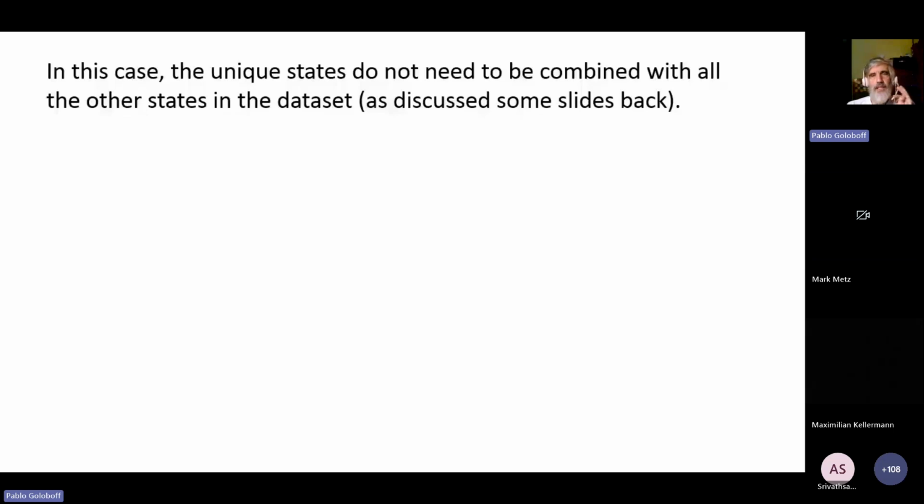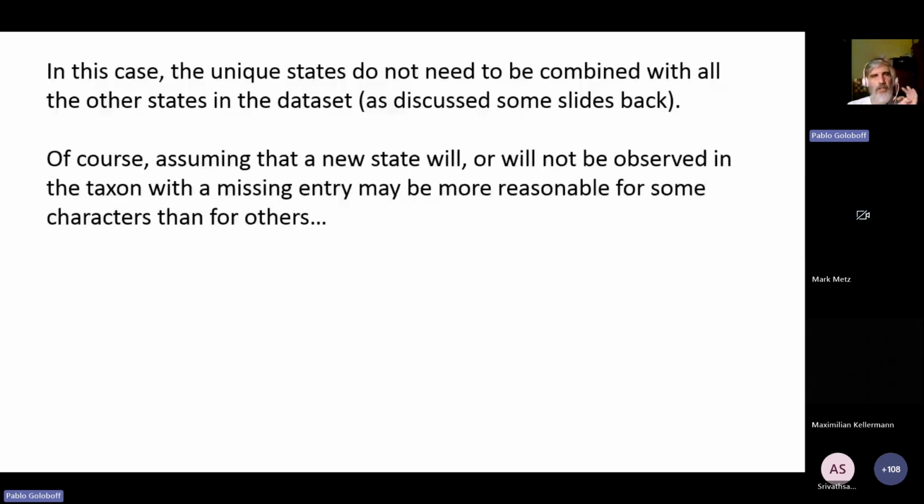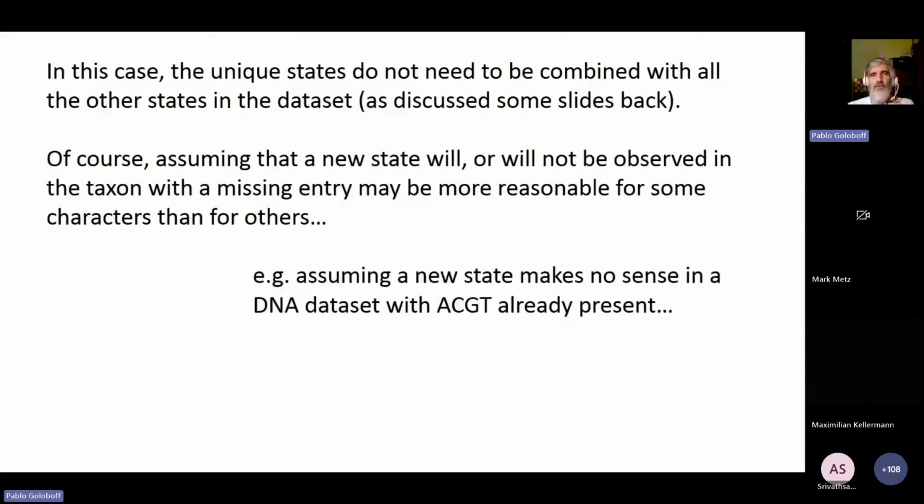Of course, assuming that the new state will or will not be observed in the taxon with a missing entry may be more reasonable for some characters than for others. Suppose assuming a new state for a DNA data set where you have already observed ACGT, then in that case, you cannot have a new state. You know that you will have homoplasy when you have an independent origination where you have not actually seen what the residue is.